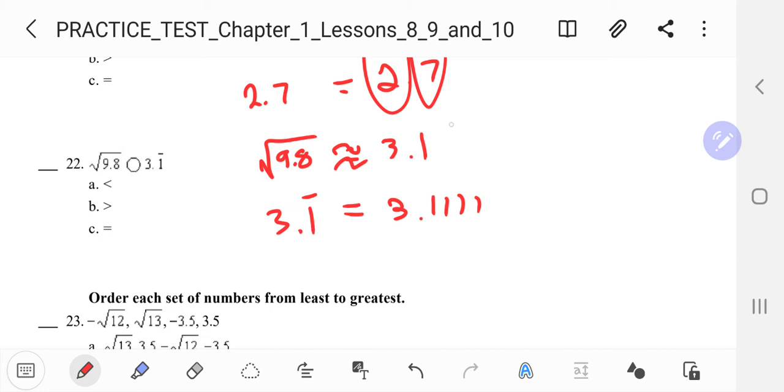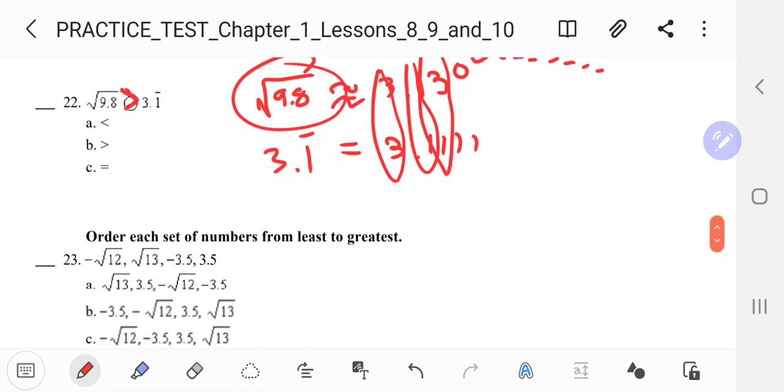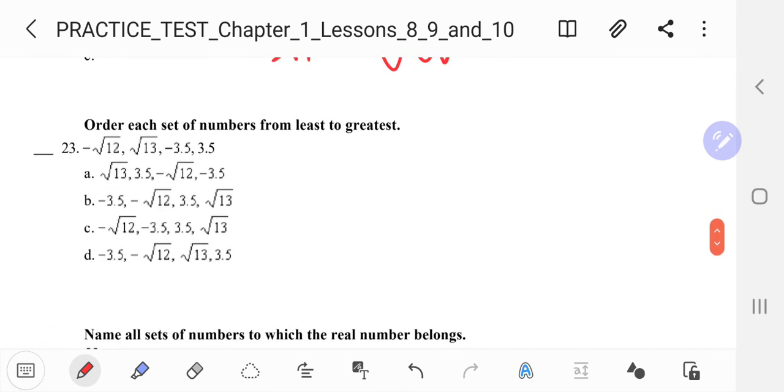Uh-oh, they match until the next digit where they don't match, and then it goes on and on and on because it's irrational. All right. They match, they don't match. So now I know this one's greater, so I make the alligator eating that. Yum, yum, yum. All right, let's line them up.